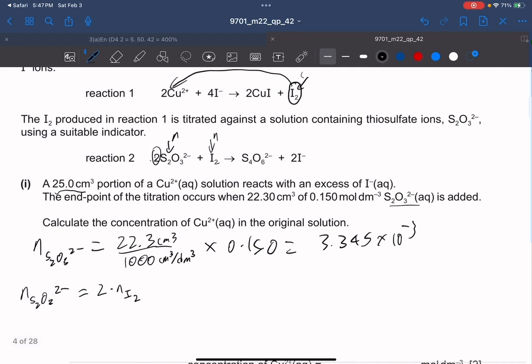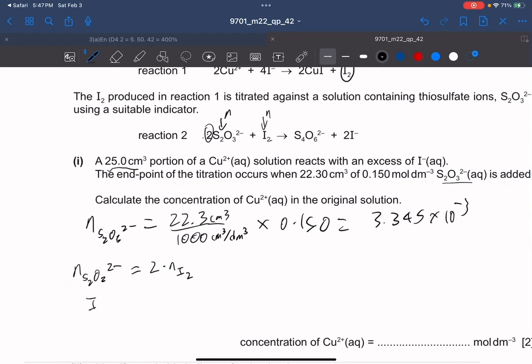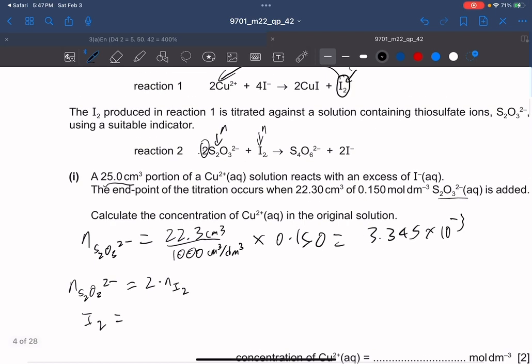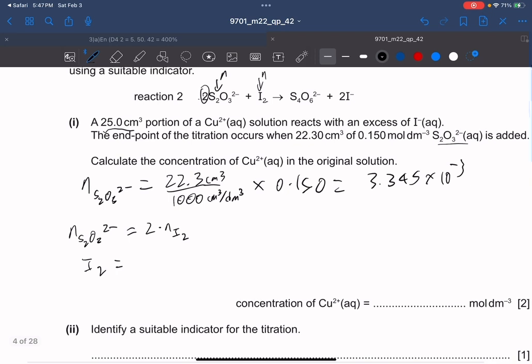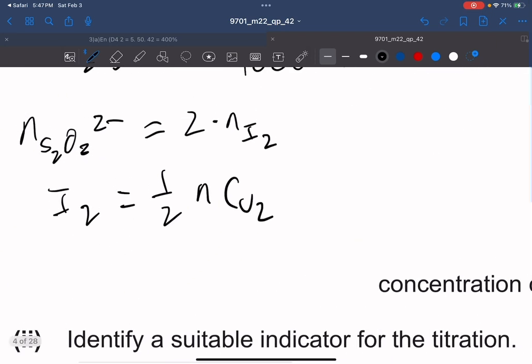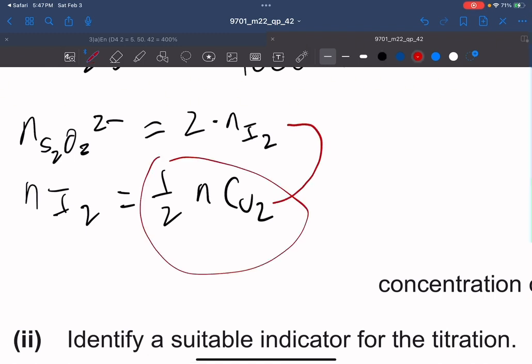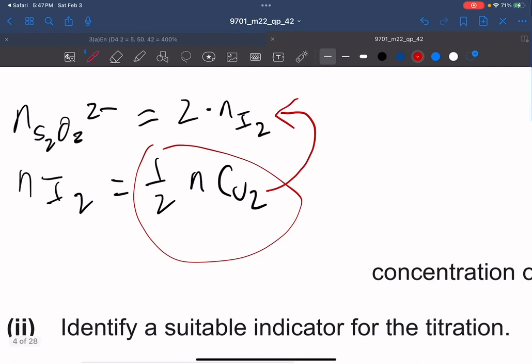And then the mole of I2 is half of n Cu2+. So what we can do is plug this in here. So the mole of I2 is half of Cu2+.